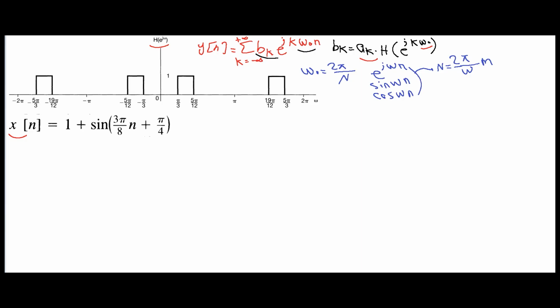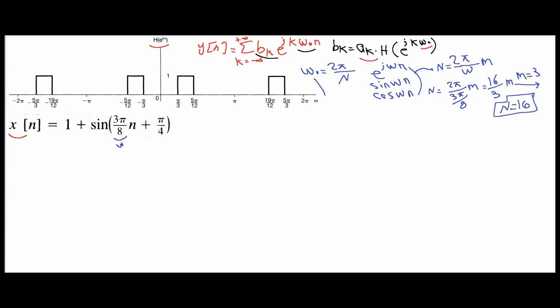Now, if you look carefully in this example, ω equals 3π over 8. So, N equals 2π divided by 3π over 8, which gives N equals 16 over 3. Now, the smallest integer multiple that makes this value an integer is when m equals 3.